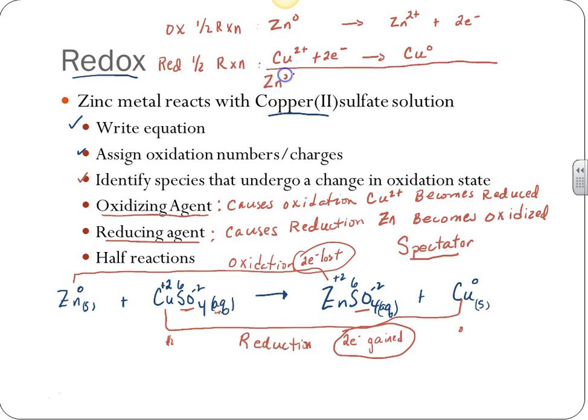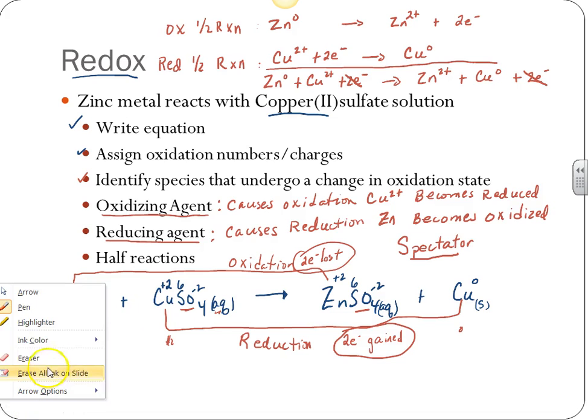So you've got Zn0 plus Cu2+ plus 2 electrons yields Zn2+ plus Cu0 plus 2 electrons. Now, we have some things that are the same on both sides. What are those things? The 2 electrons. So we can actually cancel the 2 electrons from the final reaction, and we end up with this situation.